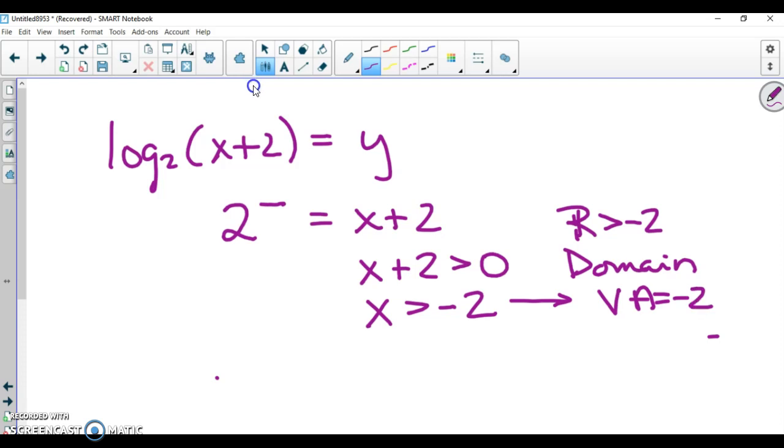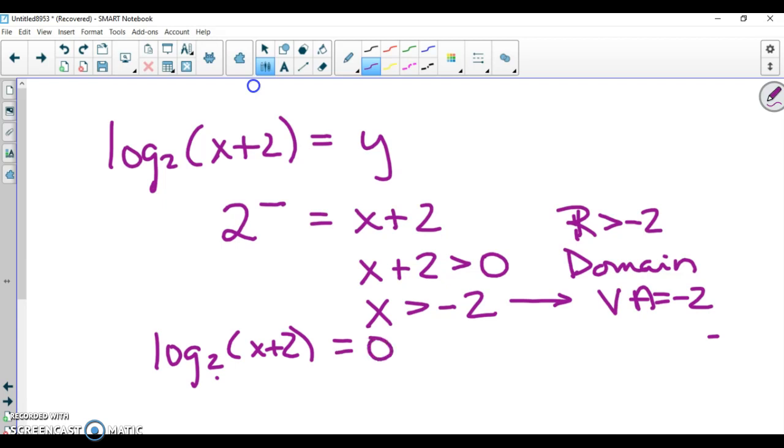And in order to find an x-intercept, we need to set the y value equal to 0. That will allow us to find our x-intercept. So log base 2 of x plus 2 equals 0.